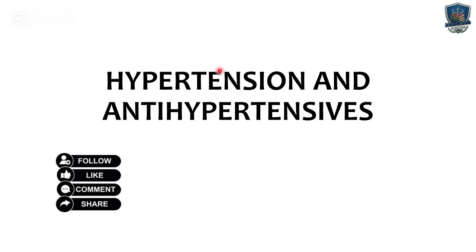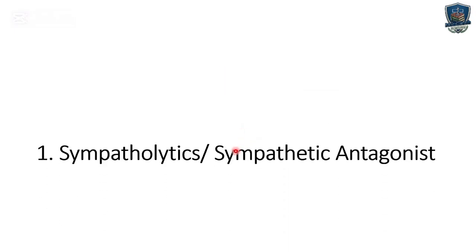We are still tackling the hypertension and anti-hypertensive series. Last episode we looked at hypertension. Today we're going to begin by looking at the drugs that are used to control hypertension. Let us begin.